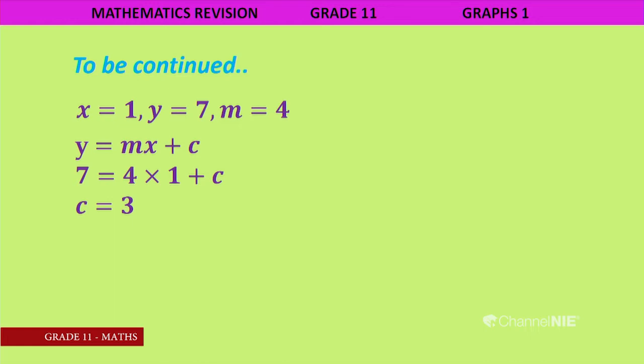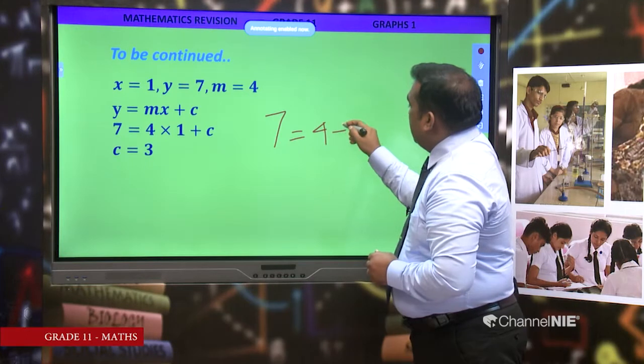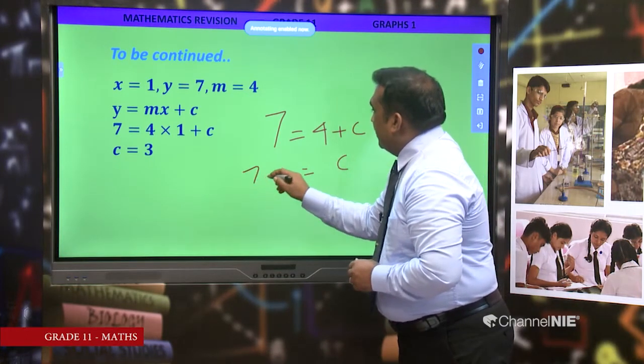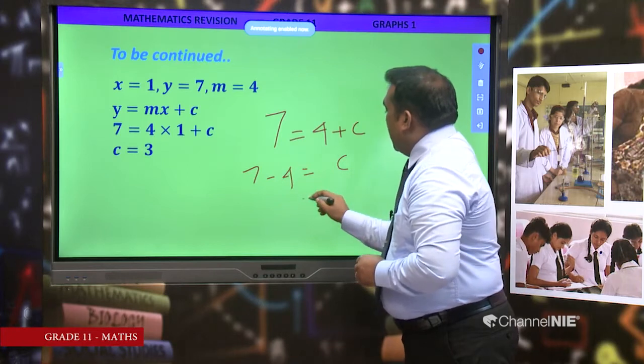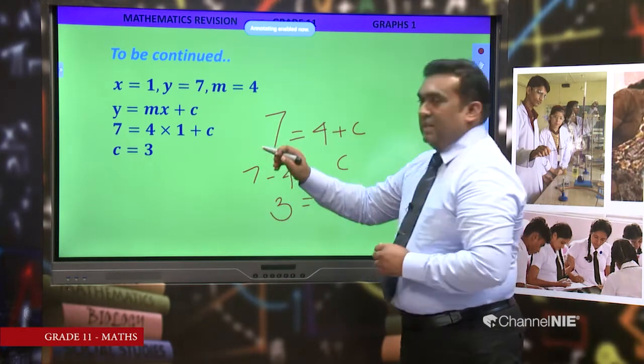We don't know the value of c here. C is the variable. Therefore, 7 minus 4 equals 3. If I explain further, 7 equals 4 plus c, right? Here c equals 7 minus 4. As a result of that, c equals 3.